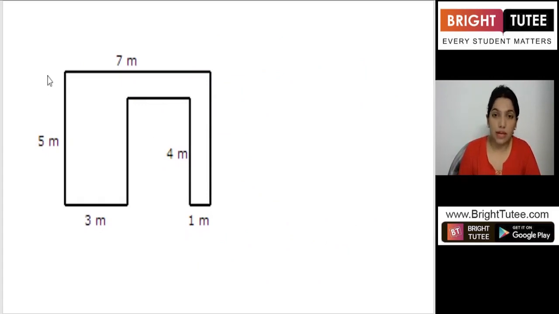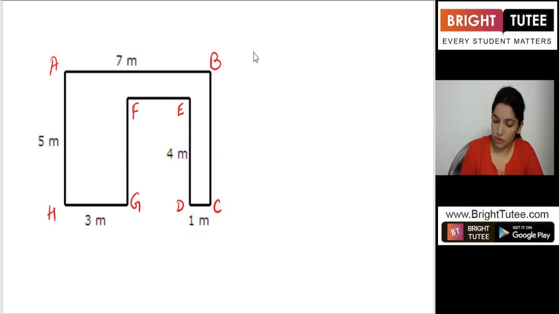Now let us do this question here. Let us name the sides, so it will be easy for us. So it's A, B, C, D, E, F, G, H. Okay, so we have marked all the vertices of this particular shape. Now let us find its perimeter.